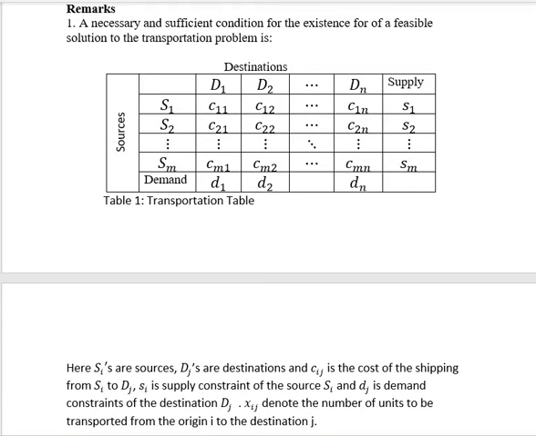Small si is the supply constraint of the source Si, and small dj is the demand constraint of the destination Dj, and xij denotes the number of units to be transported from the ith origin to the jth destination.